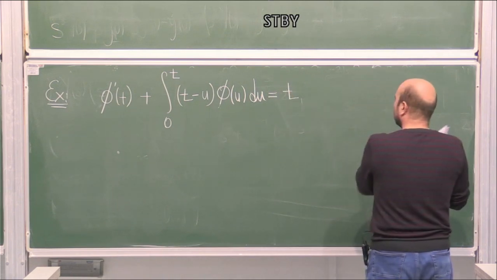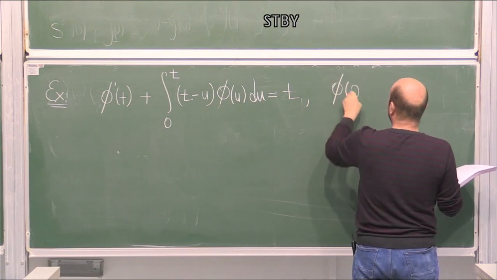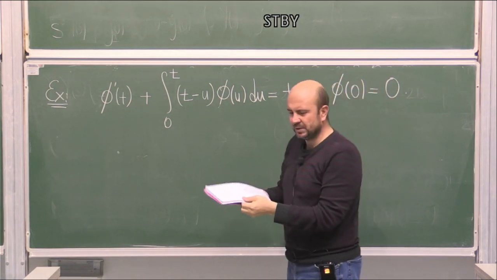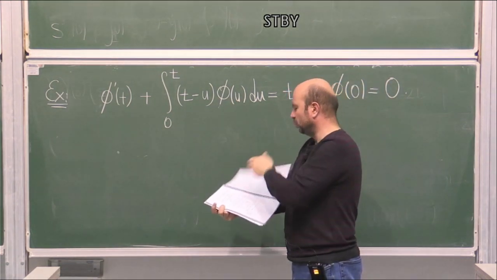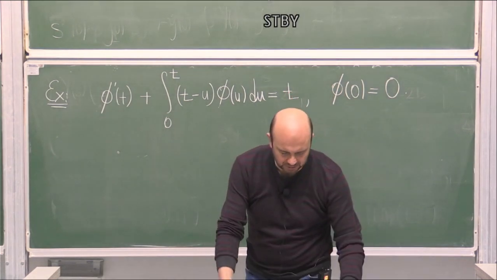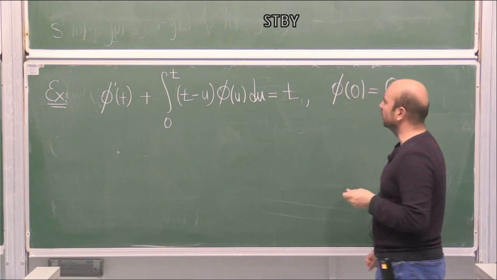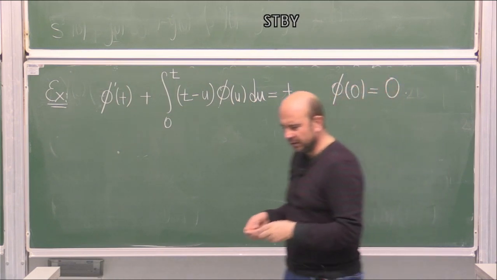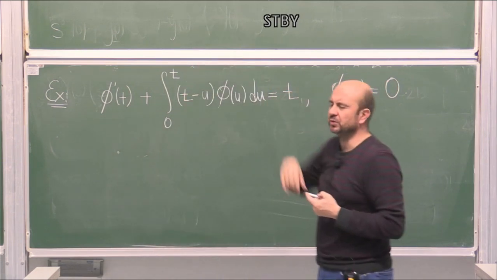And we have the initial value given as 0. So the problem is, find phi which satisfies this initial value problem. Now I'm going to use the Laplace transform again.